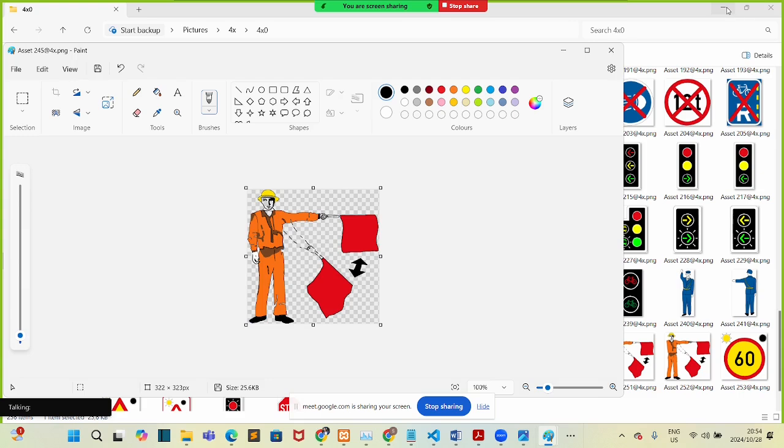Okay, so this person is a construction worker on the road, which portrays that there's some sort of construction happening on the road, and he has the red flag. He's telling the drivers that they can go through, but they need to be alert that there's construction happening on the road.